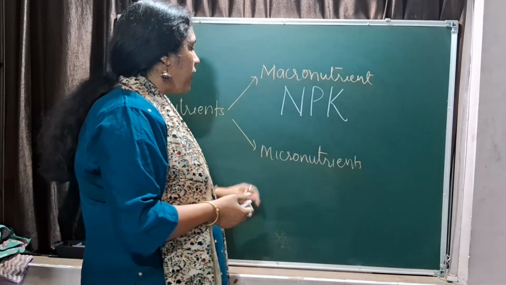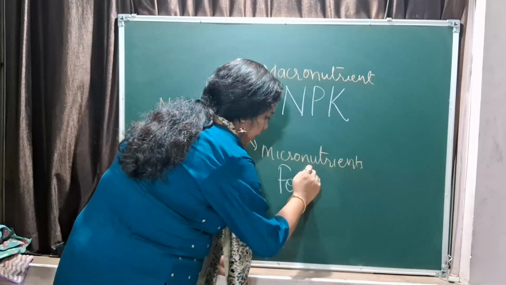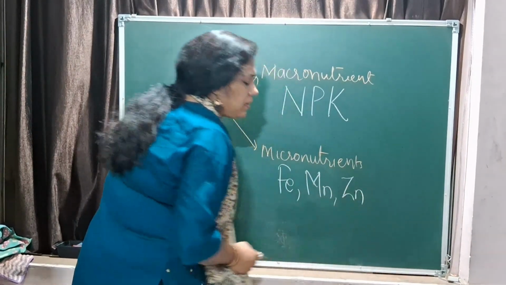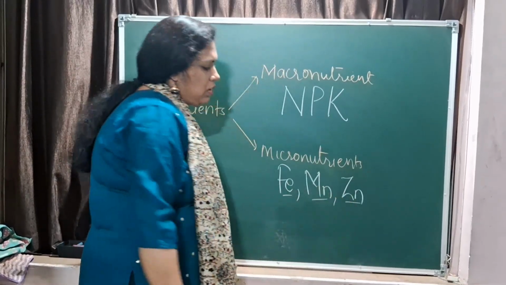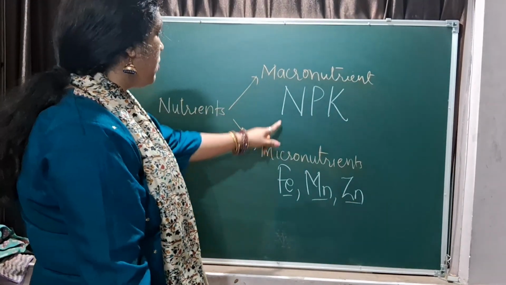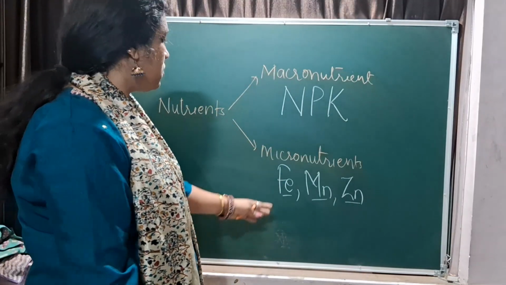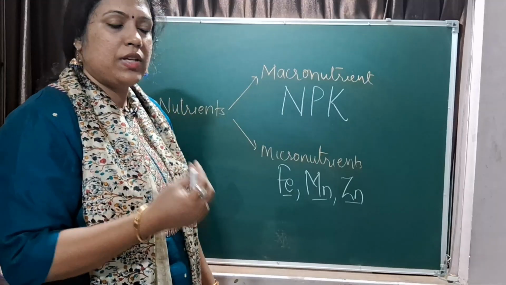Micronutrients: iron, manganese and zinc. There can be exceptions, but this is how I remember them. Macronutrients are used in large amount, and iron, manganese and zinc are required in traces.